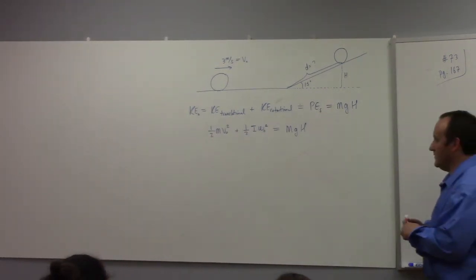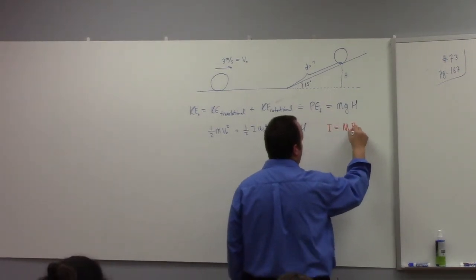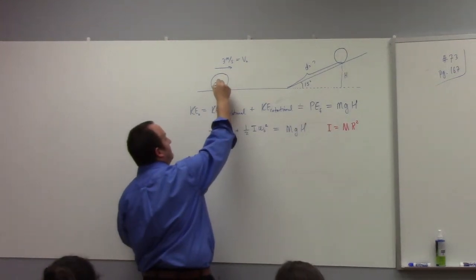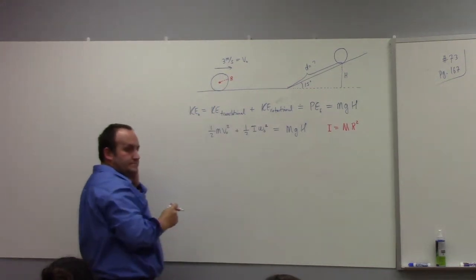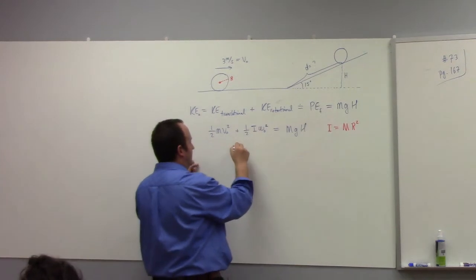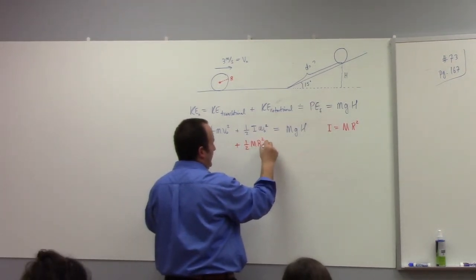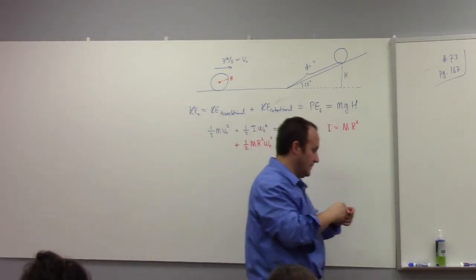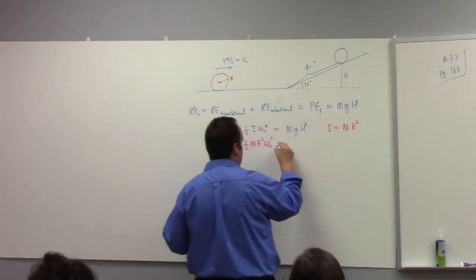It is m r squared, because all of the hoop is distance r from the center point. So this becomes plus 1/2 m r squared omega naught squared. Hey, the m's are canceling. That's nice.